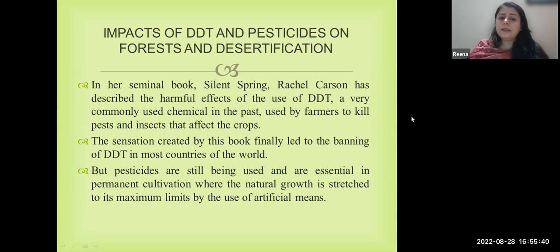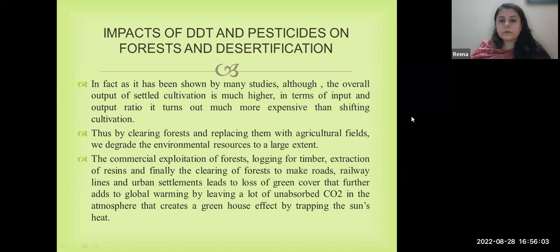These pesticides are still being used, and they are essential in permanent cultivation where natural growth is stretched to its maximum limits by use of these artificial means. But now we are going back to organic means of cultivation and organic agriculture, which is a major success in sustainability.